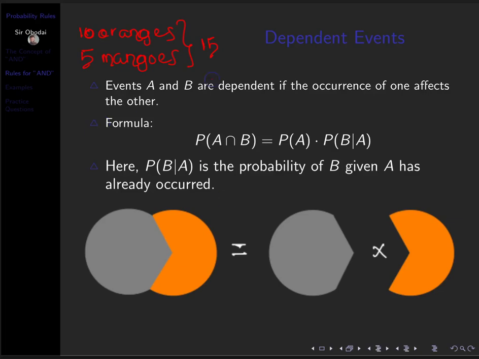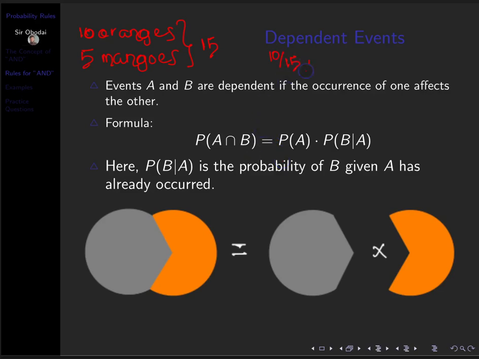If you want the probability of picking an orange on our first trial, it is going to be 10 over 15. That is the number of favorable outcomes, in this case 10 oranges, all over 15, the total number in the sample space. This becomes the probability of picking an orange. After picking an orange, you want to perform another experiment.